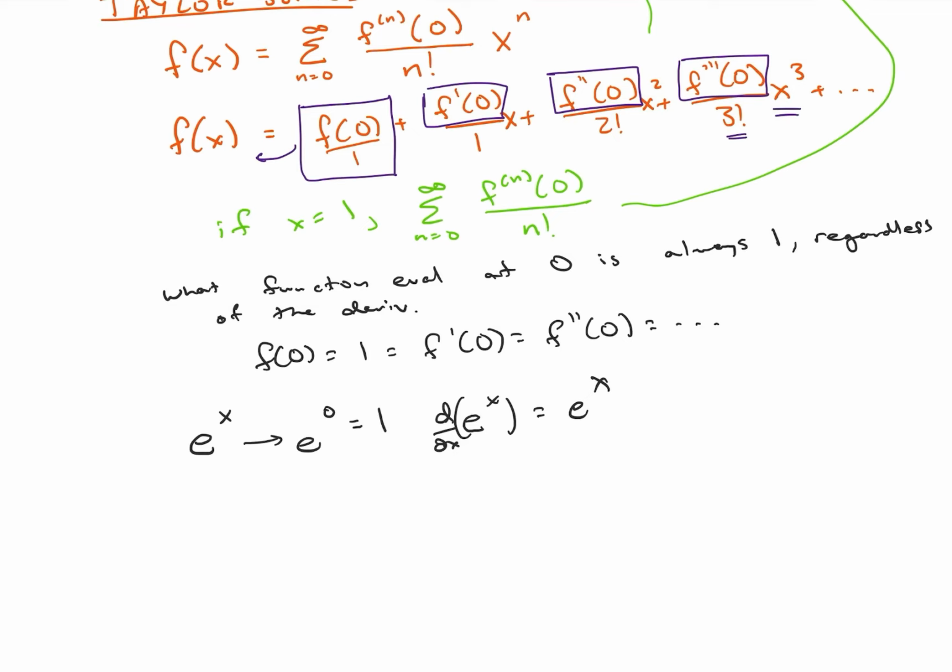So we can see that e to the x is equal to e to the 0 plus e to the 0 over 1 times x plus e to the 0 over 2 factorial times x squared plus e to the 0 over 3 factorial times x cubed, and we just keep on going to the right. All of these e to the 0's are just 1.